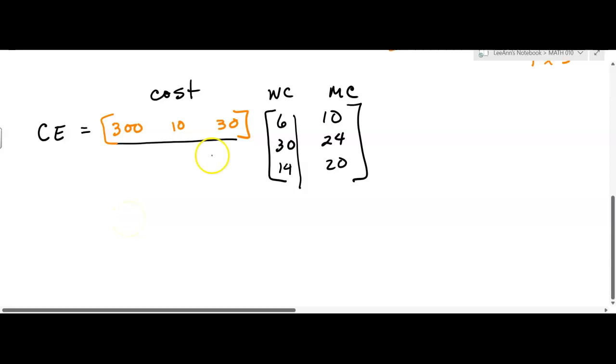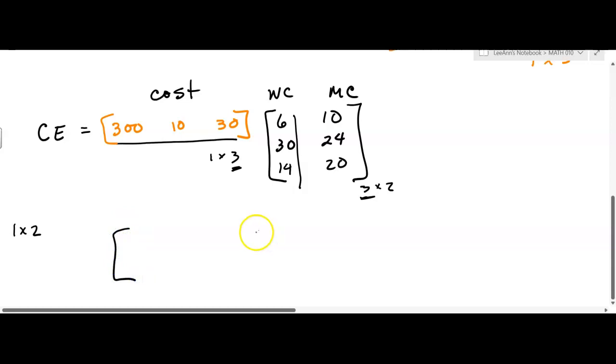Let's go back for a minute just so we know how to draw our matrix. This was a 1 by 3. This was a 3 by 2. So when I multiply, my final matrix is going to be a 1 by 2. Remember, we have to keep those inner numbers the same. So we know it's a 1 by 2.